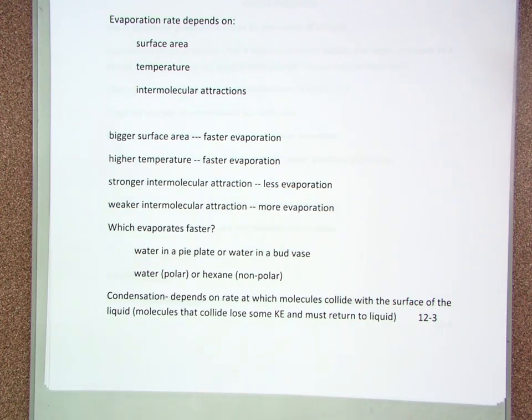And when you have weaker intermolecular attractions, it's easier to evaporate and you get more evaporation. And with stronger intermolecular attractions, you get less. So when we look at this summary chart, as intermolecular forces increase, evaporation rate goes the opposite way. You get more evaporation with low intermolecular forces.